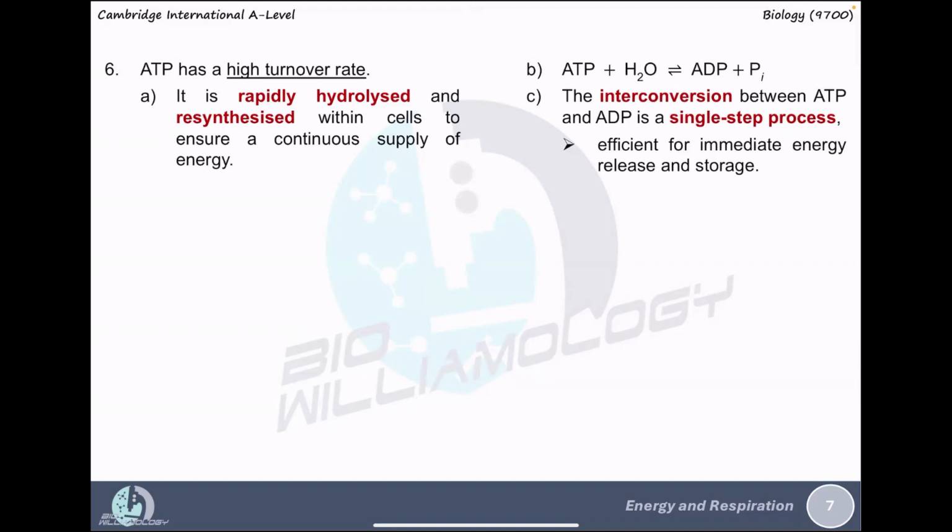And what makes this process a high turnover rate? One of the properties here is that the interconversion between the ATP and ADP is a single-step process. Therefore, it is efficient for immediate energy release as well as for energy storage.